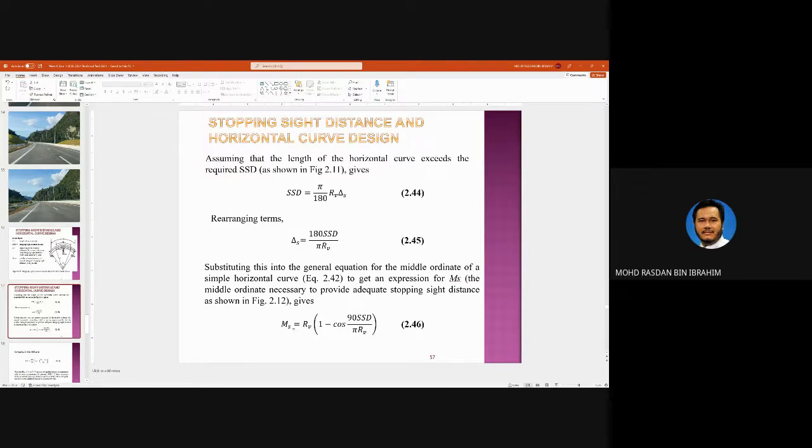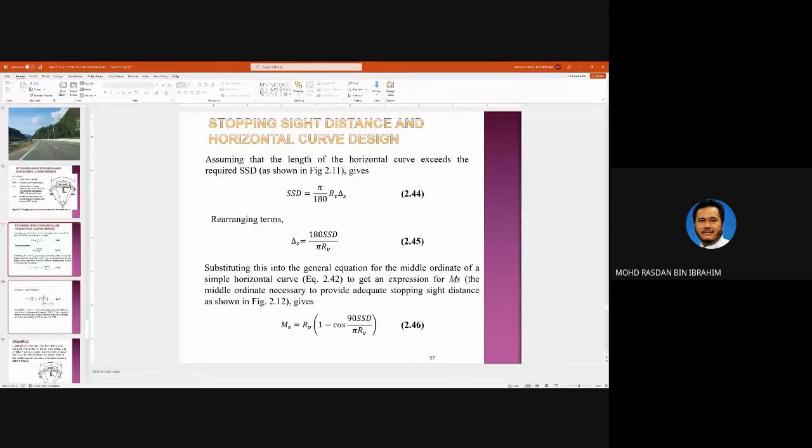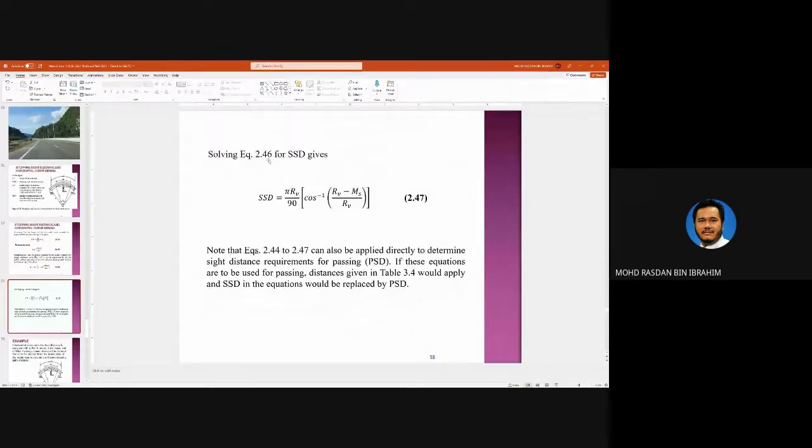So MS, middle ordinate, equals RV times 1 minus cosine of 90 SSD over pi RV. Again, you substitute and you solve equation 2.46 for SSD, you get this formula. So you have lots of formulas in your hands, depending on how you are going to use them.